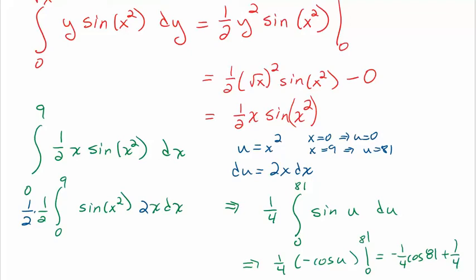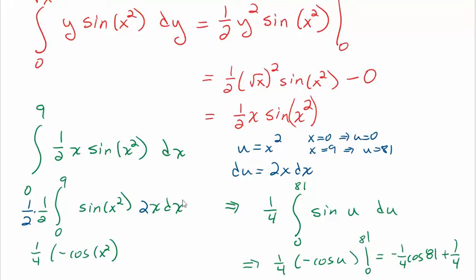Now you don't have to turn it all into u's. You could just integrate it with respect to x and leave your bounds how they are. So you'd have 1/4 the integral from 0 to 9 of, well, I can just integrate it now. So the integral would be negative cosine of x squared, and then all this business would go away.